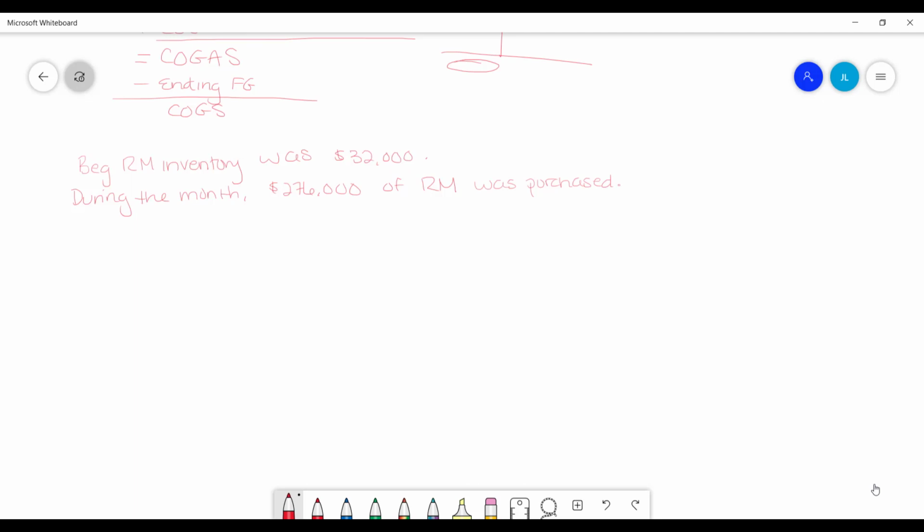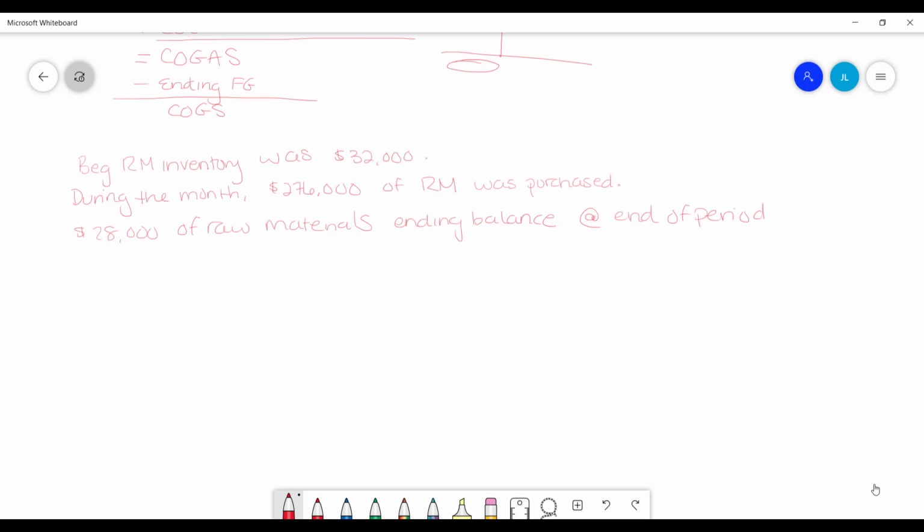A count at the end of the month revealed that $28,000 of raw materials was still present. So I'll call that my ending balance, at end of month, or end of the period.